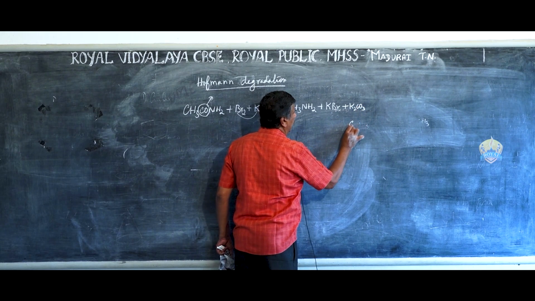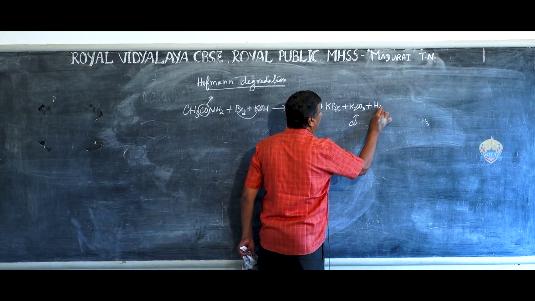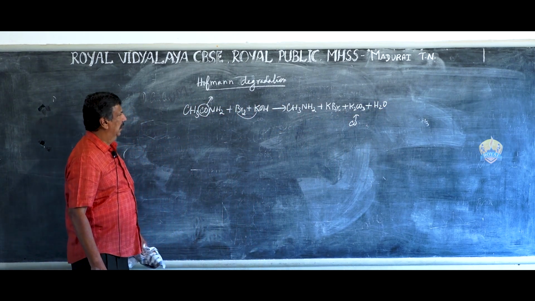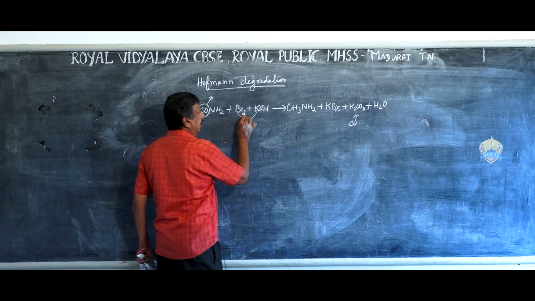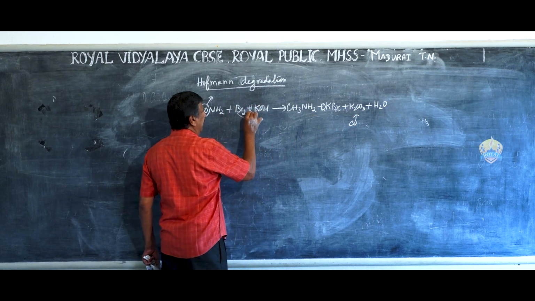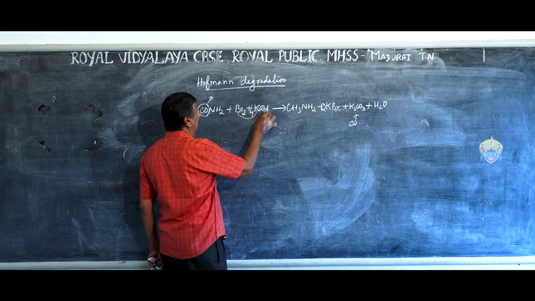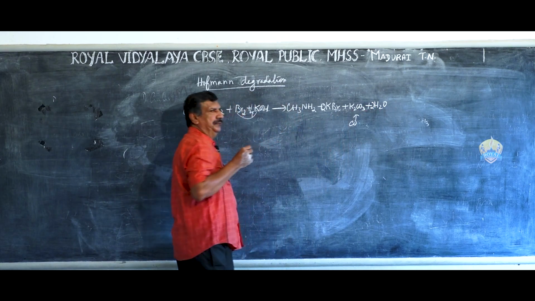The carbonate is due to the CO. Next one, as usual, water. So, okay. If you want to balance, what you have to do? 2 potassium, so 2 plus 2, 4 potassium, 4, then 4 oxygen, 4 hydrogen, then you have to write 2 here, that's all.